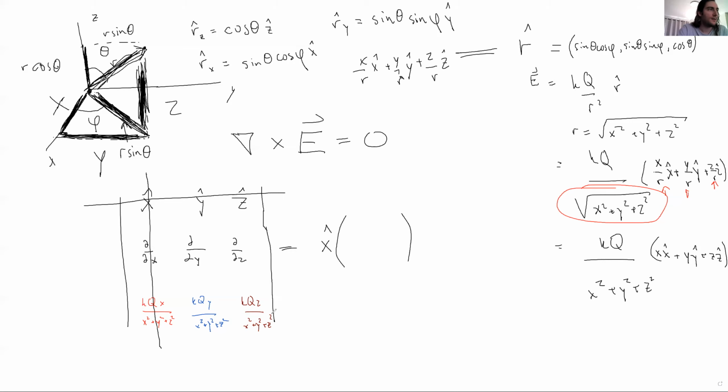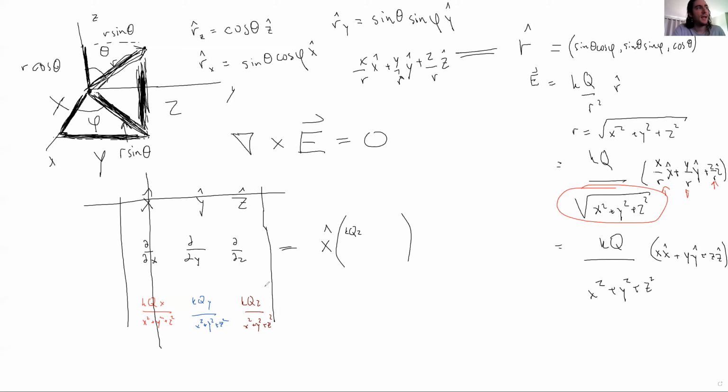So what we get for the derivative there is kqz over x squared plus y squared. Excuse me, skipping a little step here. kqz, let me not skip the step.